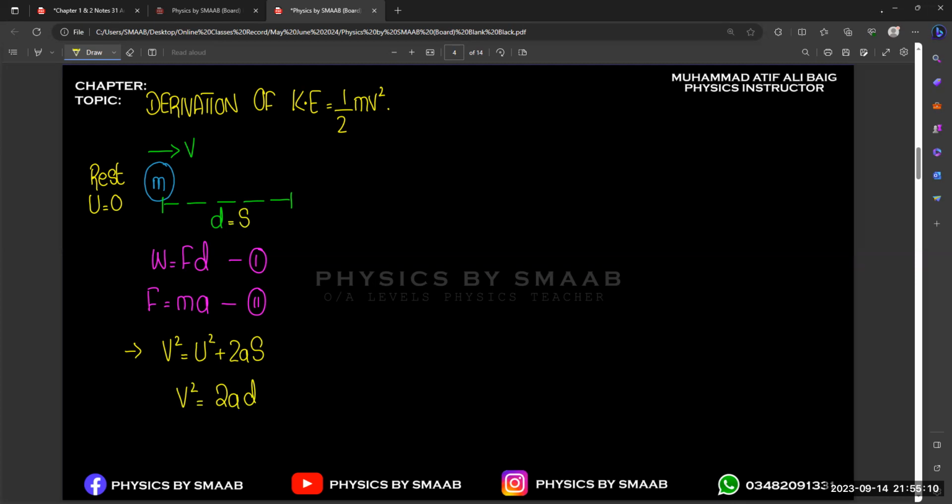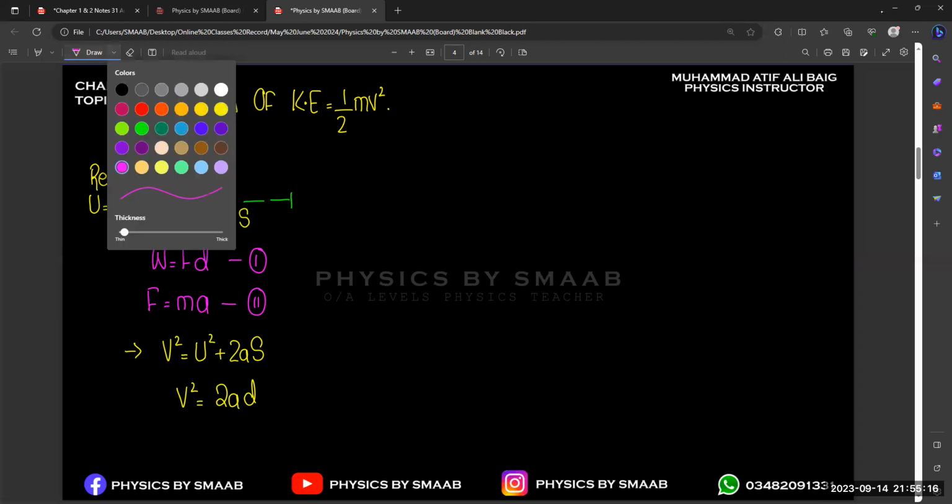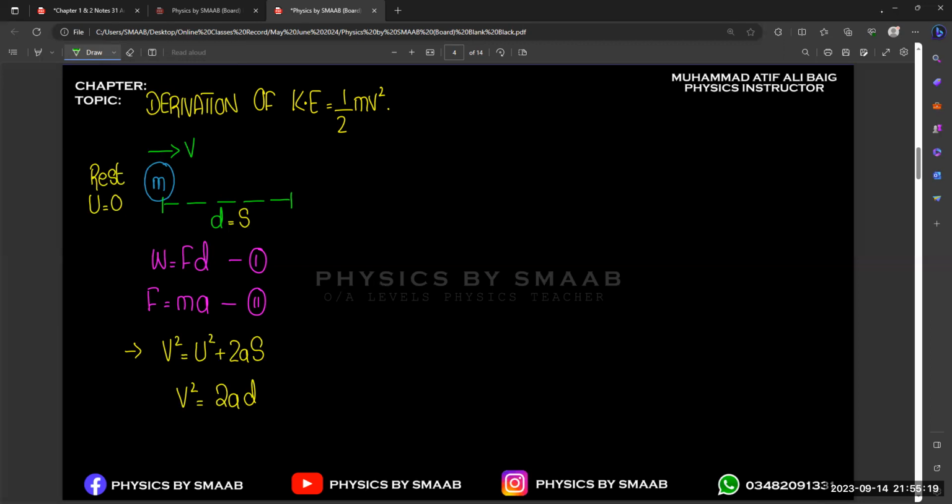Energy is a scalar quantity, not a vector quantity. And further, if we take the value of a from this equation, we have to divide by 2d on the other side, so a will be equal to v squared over 2d, right?